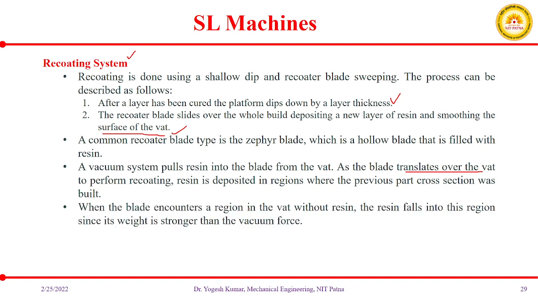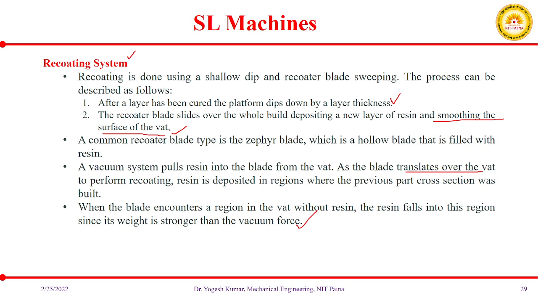When the blade encounters a region without resin, the weight of the resin falls into this region, since its weight is stronger than the vacuum force. Okay, so this way it is smoothing the surface of your vat.